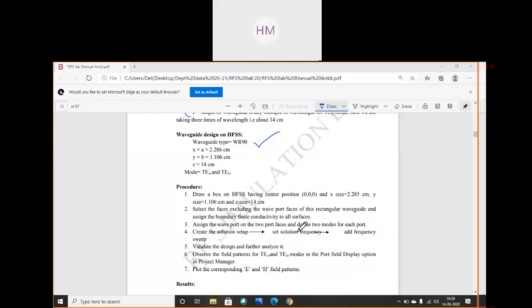Next step, we will perform practically also this experiment. Validate the design and further analyze it. Validate check is necessary. It will tell you whether there is any error in the designing or not. Further analyze it. Then observe the field patterns for TE10 and TE20 mode in the port field display option in the project manager. Plot the corresponding E and H field patterns.